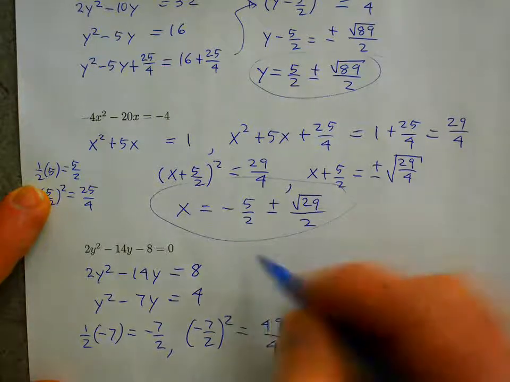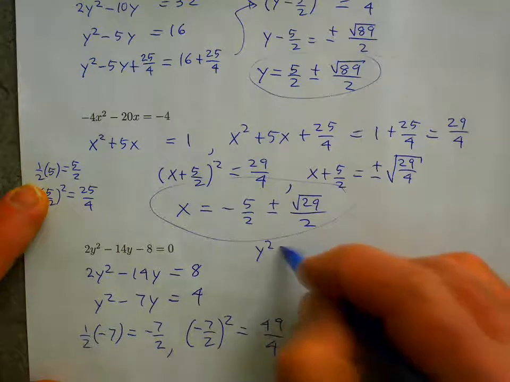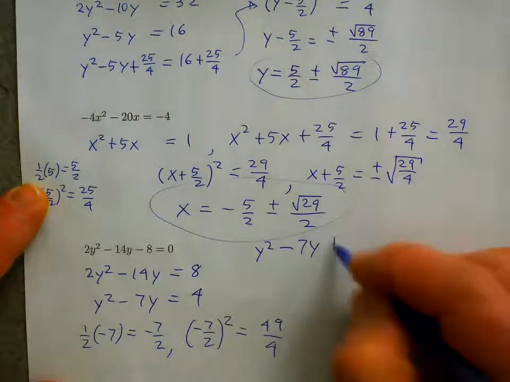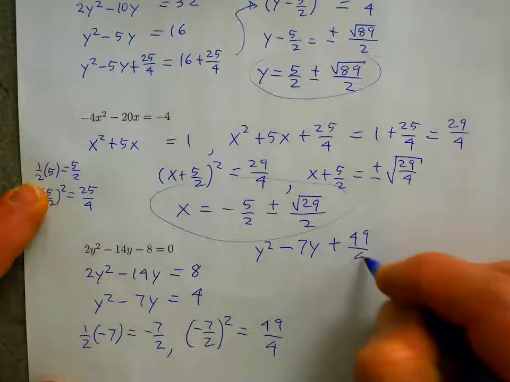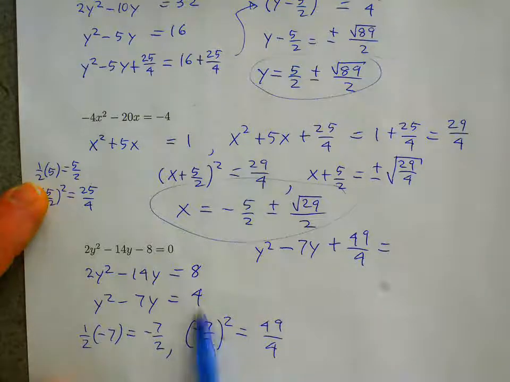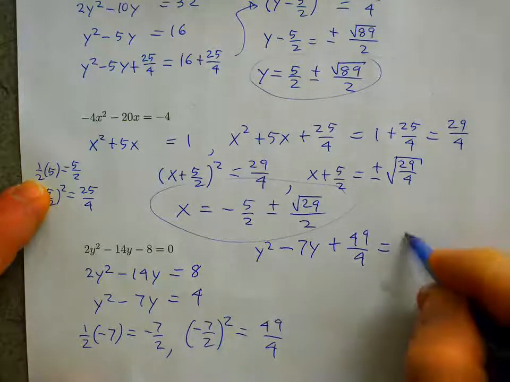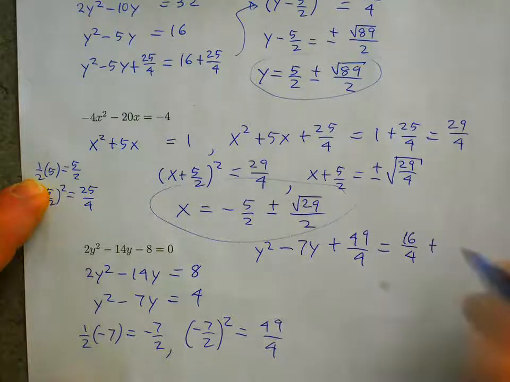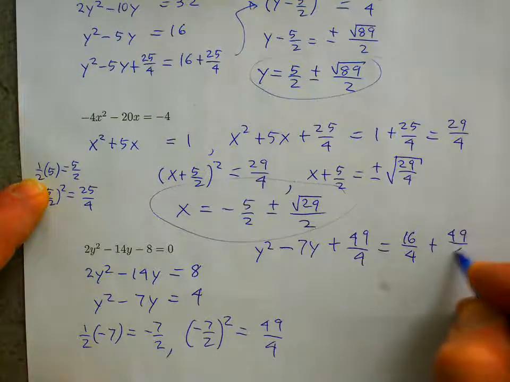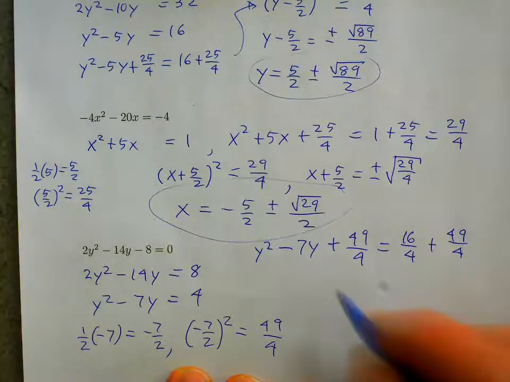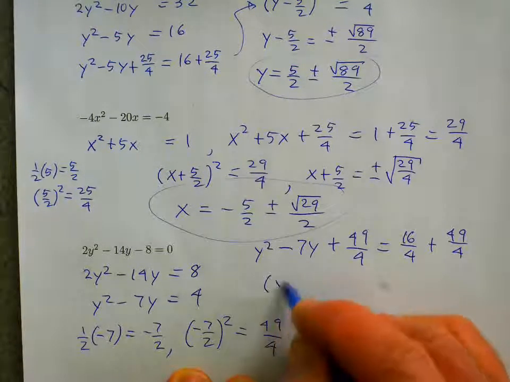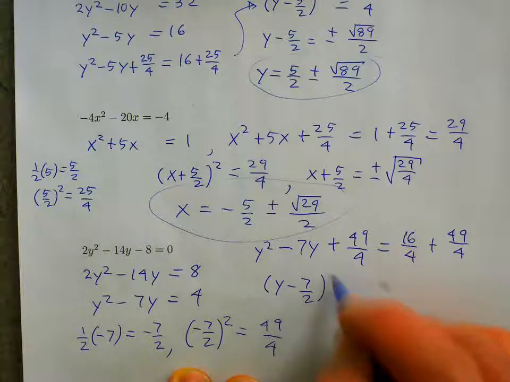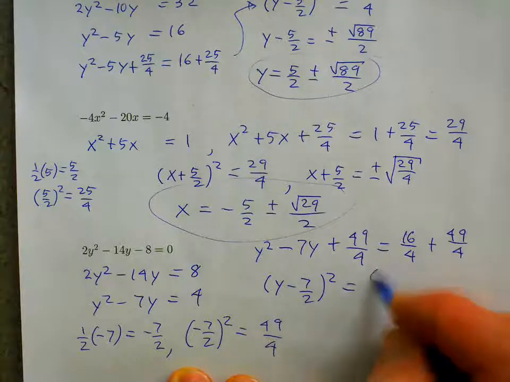And then we add 49/4 to both sides. So I'm going to replace 4 with 16/4 because we're adding that to a fraction with a denominator of 4. And then we have the binomial y minus 7/2 squared equals 65/4.